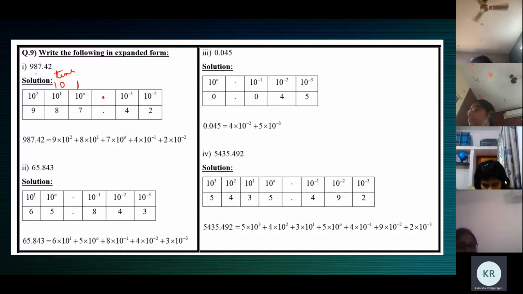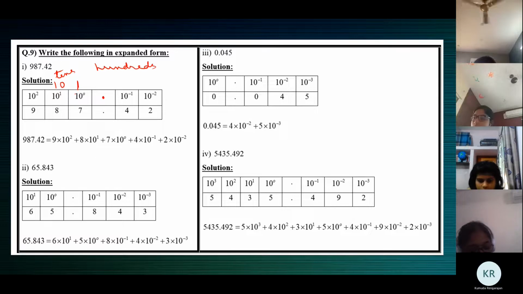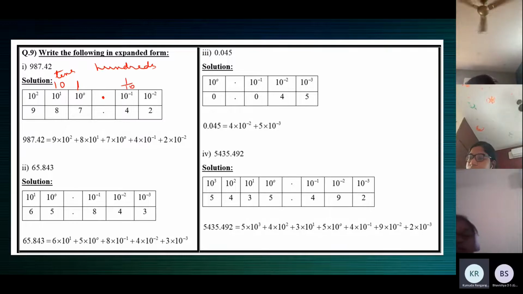This is the hundreds place. H-U-N-D-R-E-D-S, hundreds. And then decimal point. After the decimal point, we have 1 by 10, which is 10 to the power minus 1. And then we have 1 by 100, which is 10 to the power minus 2.